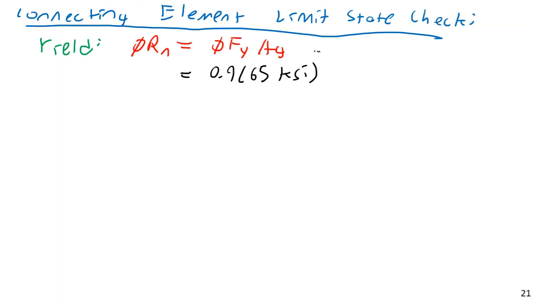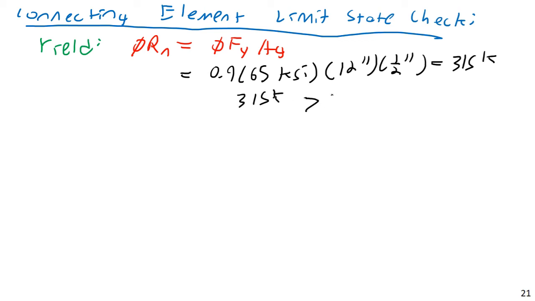So our gross cross-sectional area is going to be 12 inches by 1/2 inches, and if you multiply all that out, you'll get a value of 315 kips. And 315 kips is much greater than our Pu, our ultimate demand load, so we are good in terms of yielding for our connecting element.